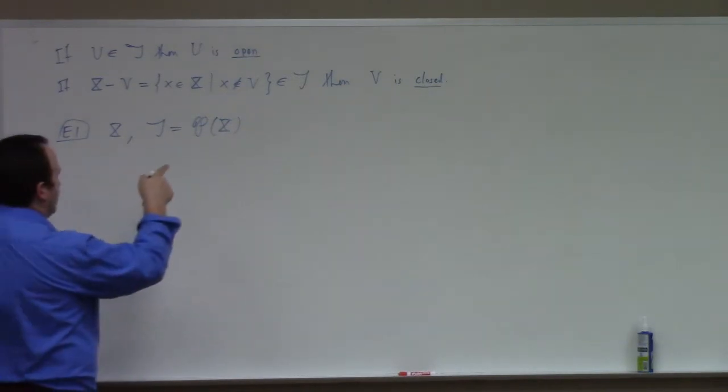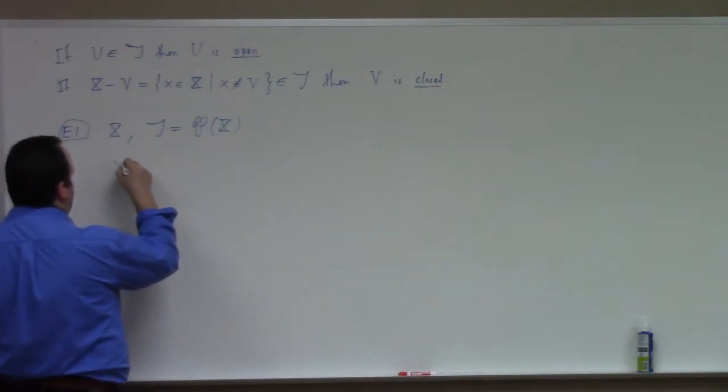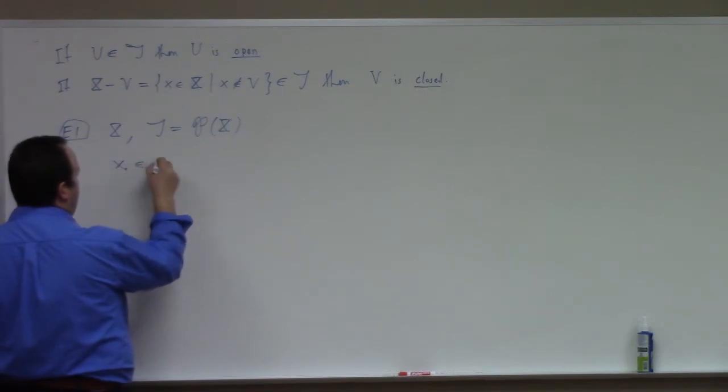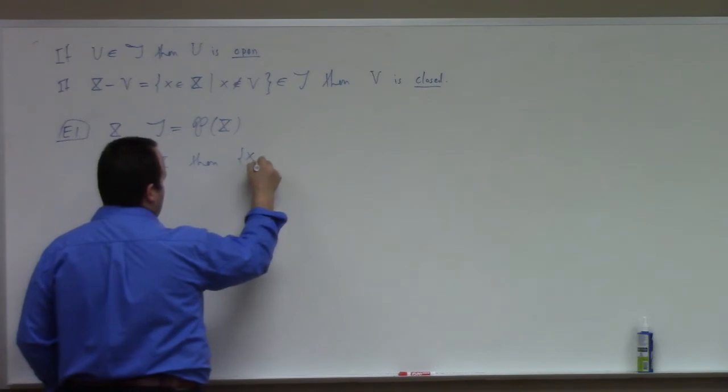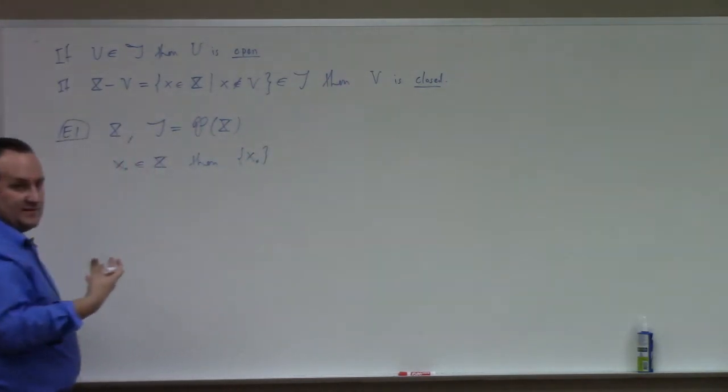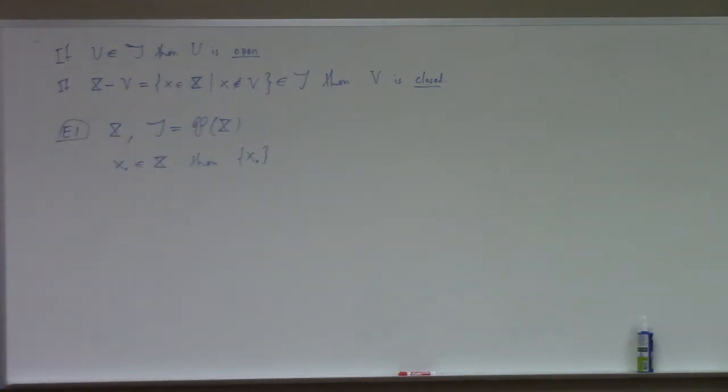So in this, if you have, say, x naught an element of X, then the set just containing x naught, singletons are open. Like, any set containing just one point is open in this topology. Give me any subset of your set, it's open.